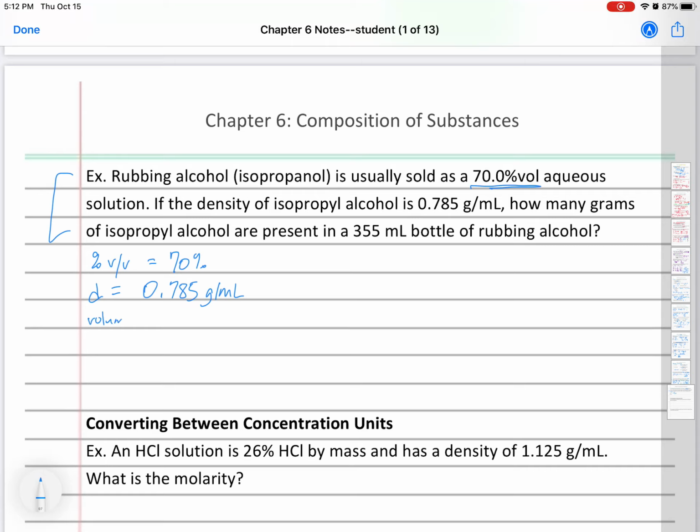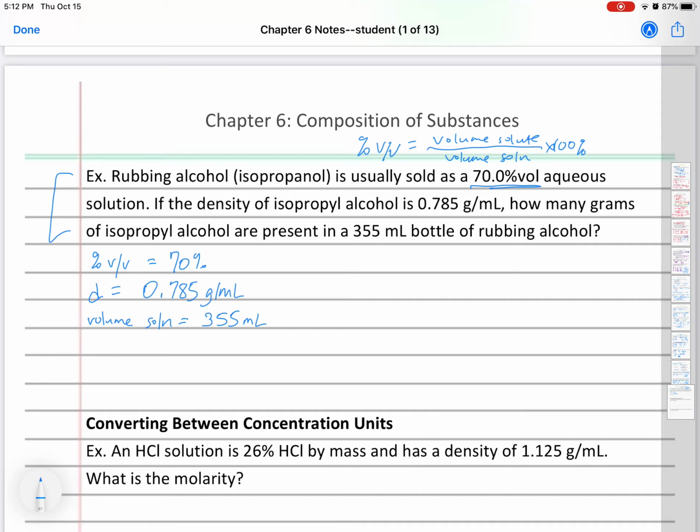This is a volume of the solution specifically, and that's 355 milliliters. The percent volume per volume equation is volume of solute divided by volume of solution times 100%.